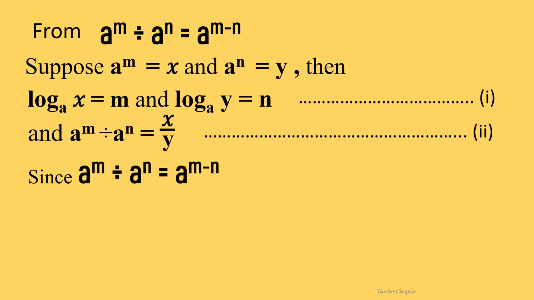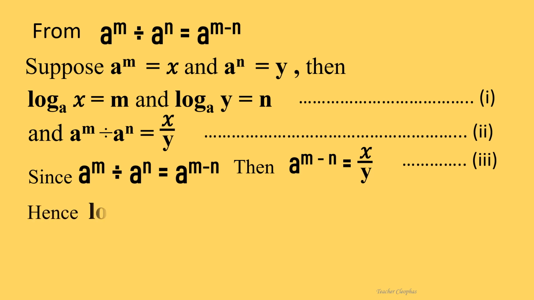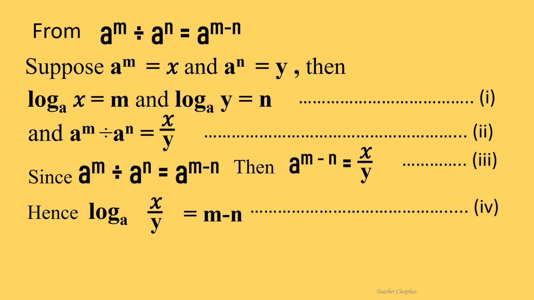Since we have a power m divided by a power n equals a power m minus n, that is our first statement, then a power m minus n should be equal to x over y. Let this be our third equation. Hence, we would have logarithm to base a of x over y being equal to m minus n. This is our fourth equation.